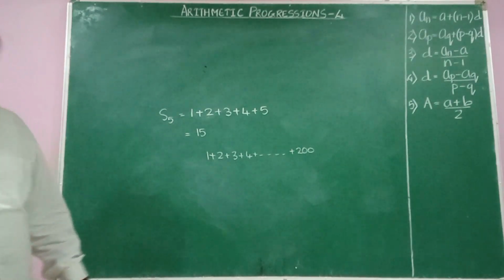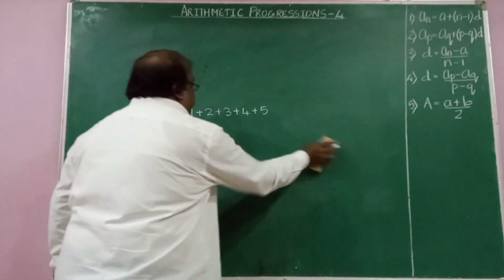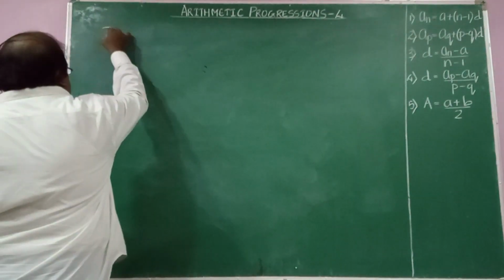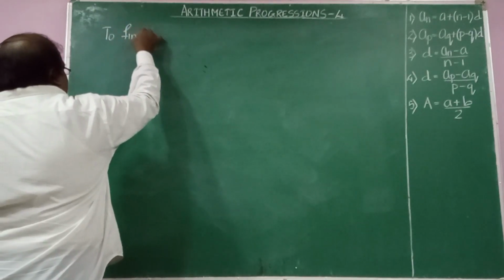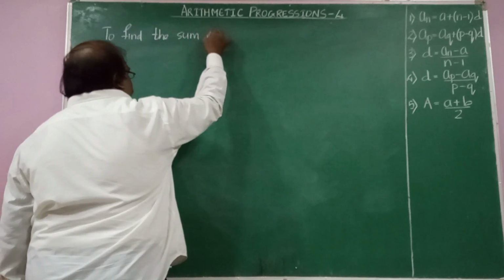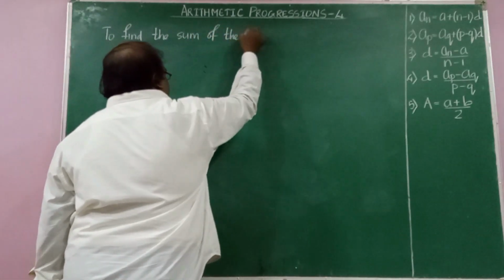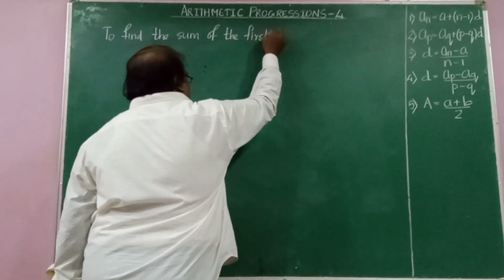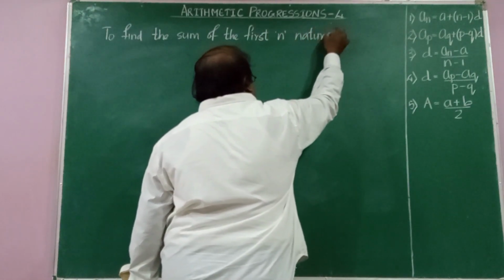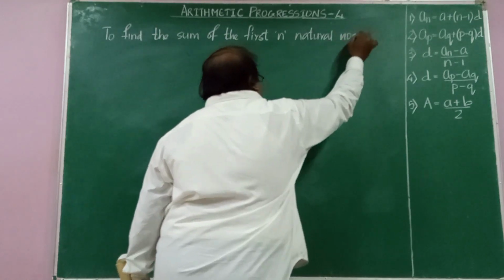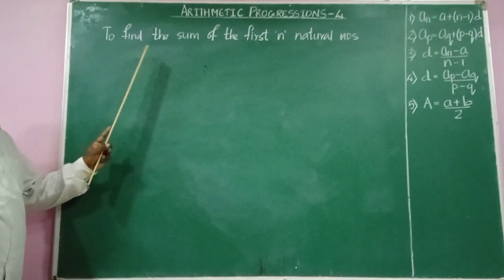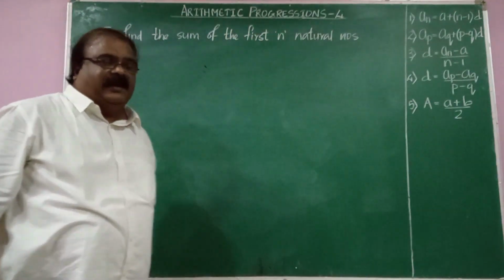So for that, let me derive a new formula, the formula to find the sum of the first n natural numbers.